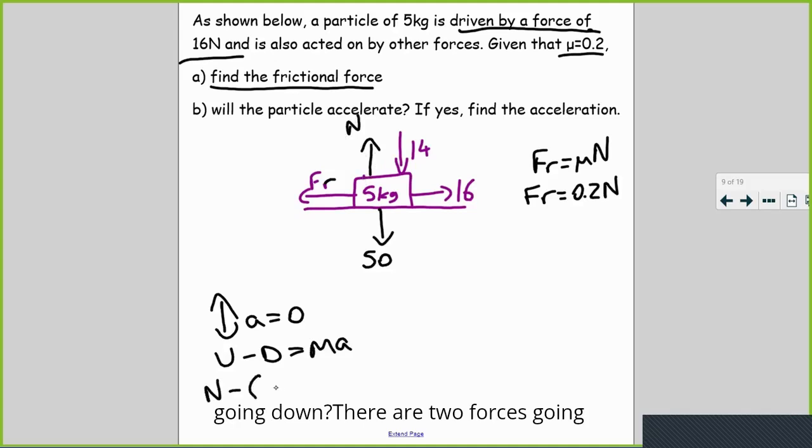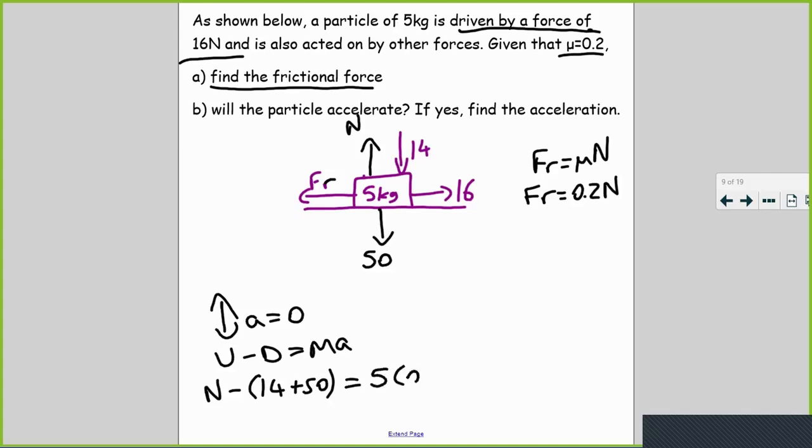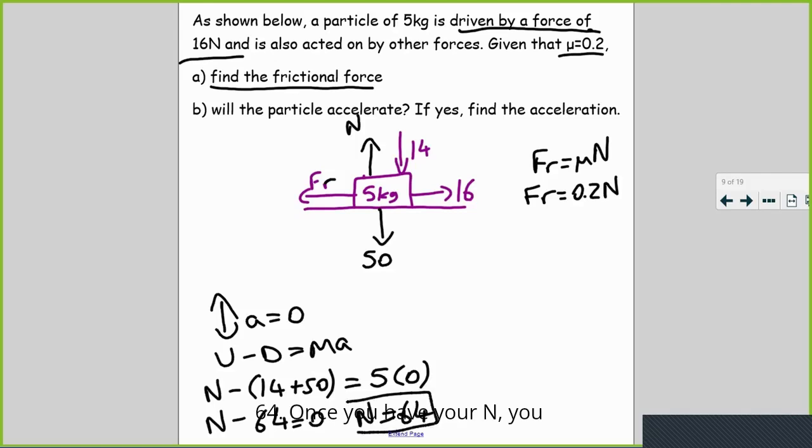There are two forces going down, 14 and 50. So combine them together. Up minus down equals ma. Right, so n minus 64 equals 0, which means n is equal to 64. Okay. Once you have your n, you can substitute into your friction formula.